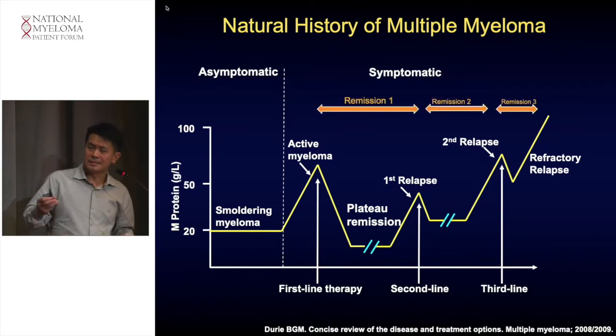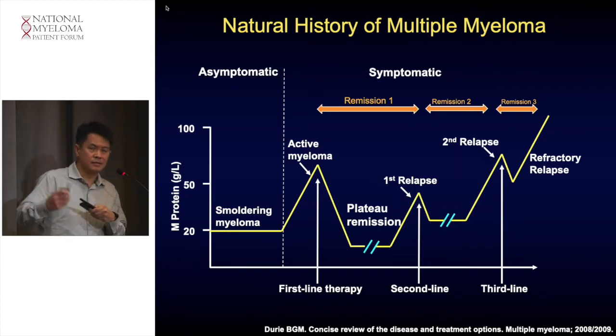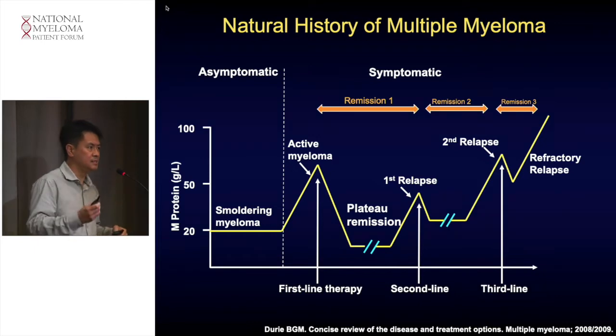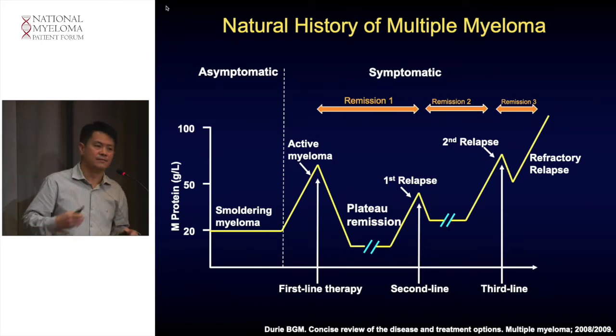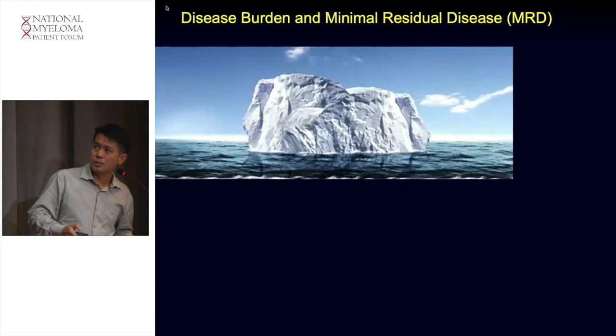So in essence, patients may have many different remission durations, but typically the best return on investment is usually the first treatment, because this is when the disease is treatment naive and very sensitive to any therapy that you throw at the disease. The first remission is typically the longest as well.